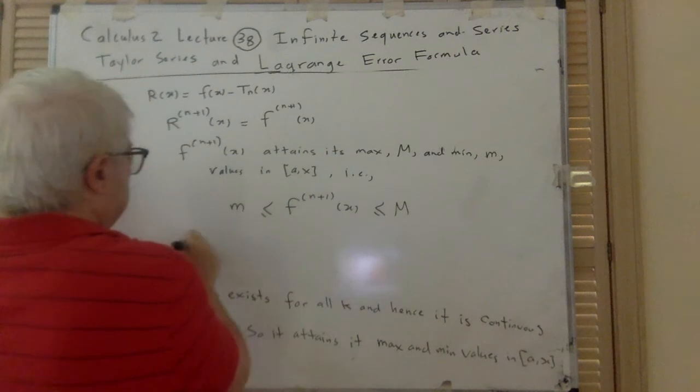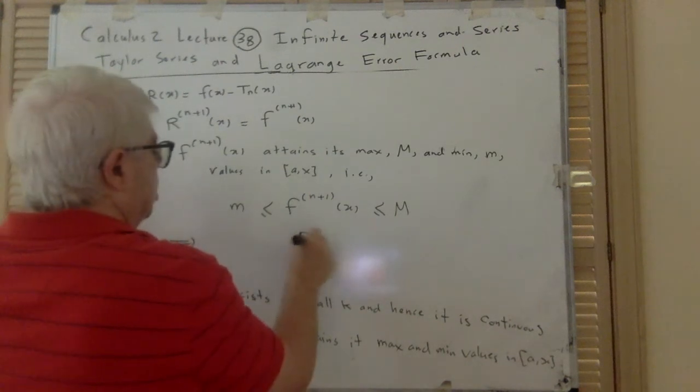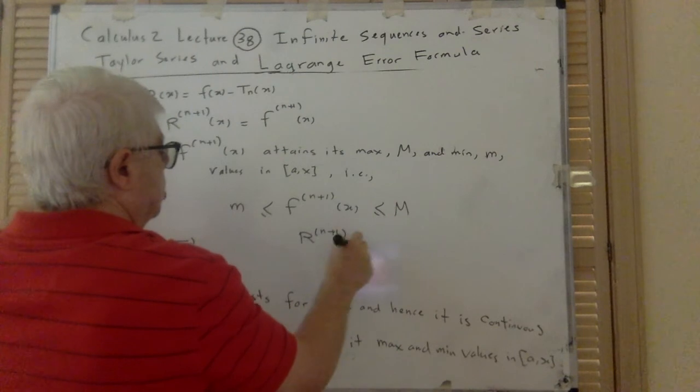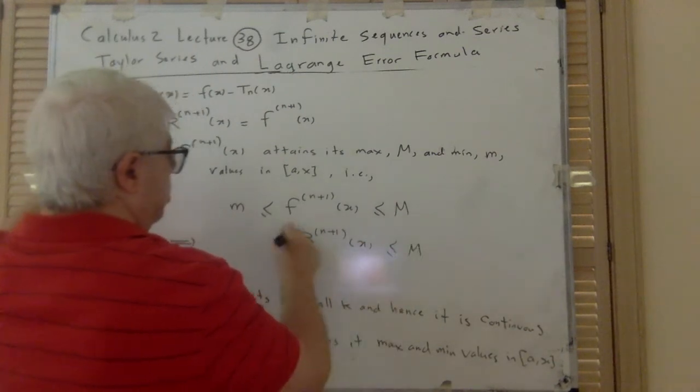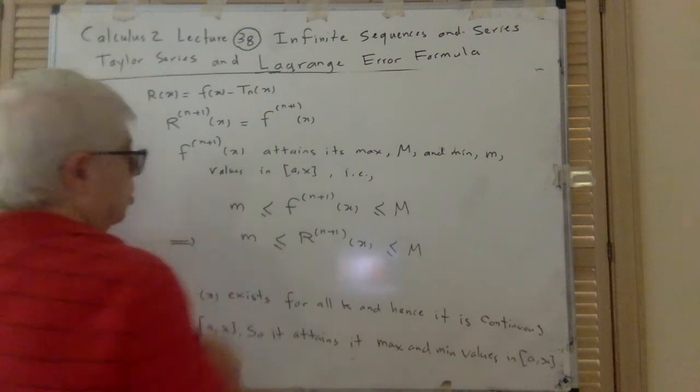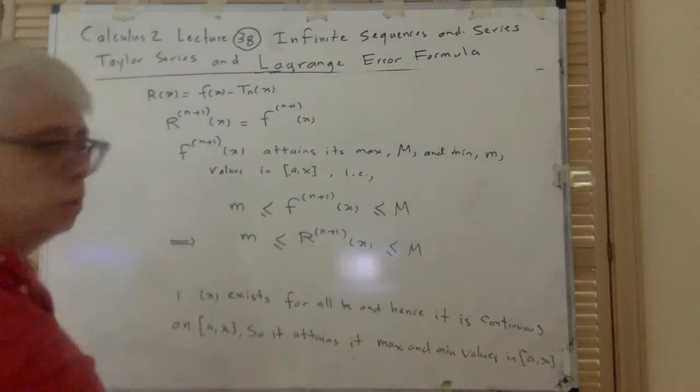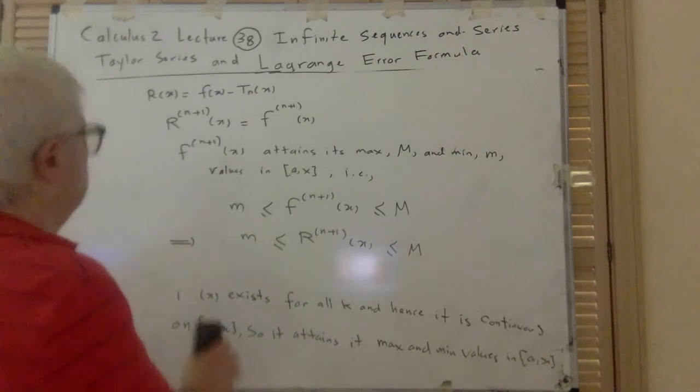And this gives me this nice estimate for the n plus first derivative of the error. Not the error itself, but can we do something here?